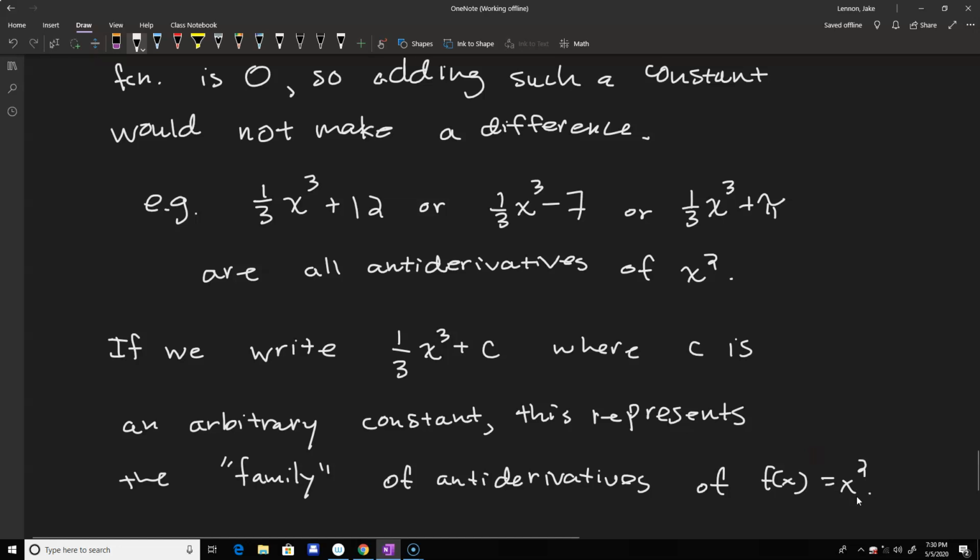So that's one example. There's lots of notation and lots of new names and things like that.